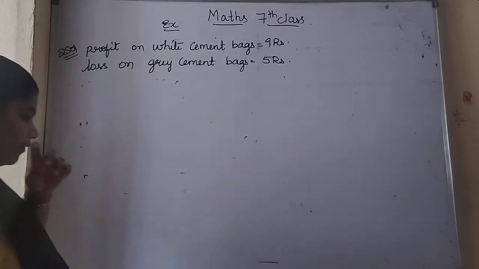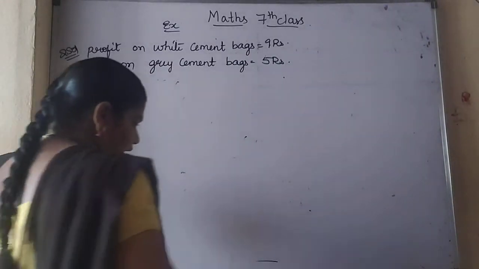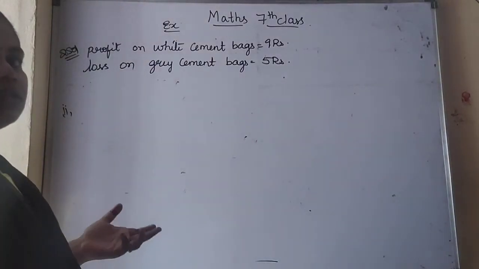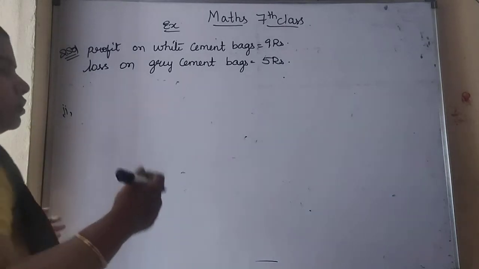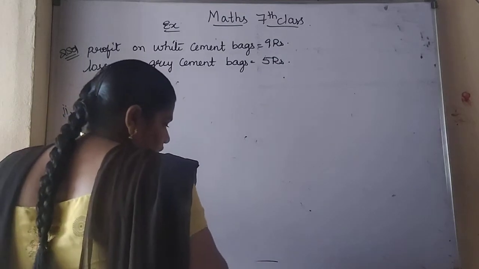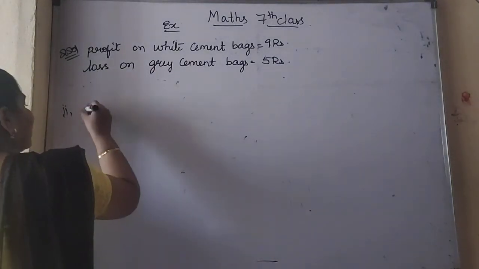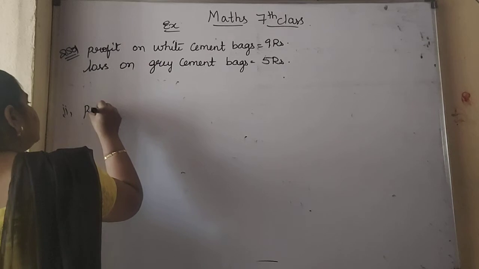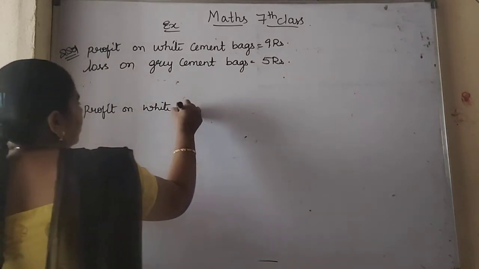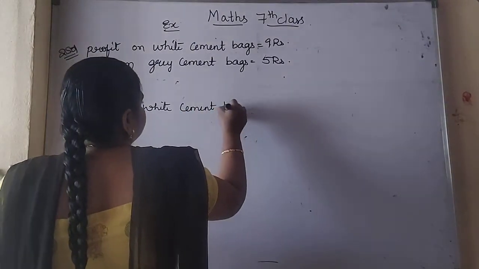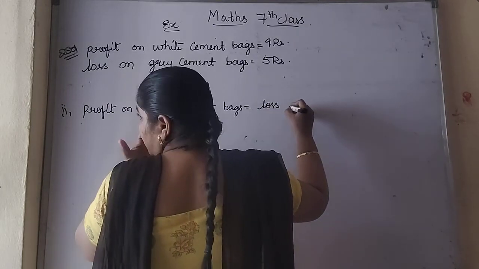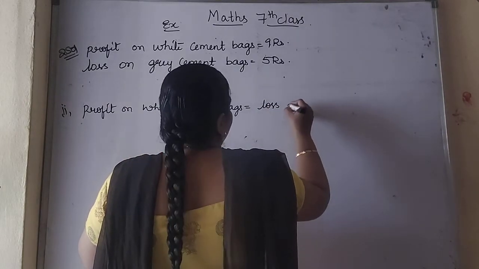So now if you see this, when there is no loss, then they told that they are not having loss and also no need of gain also. That means both the values will be equal. So profit on white cement bags will be equals to loss on grey cement, because there is neither loss nor profit.